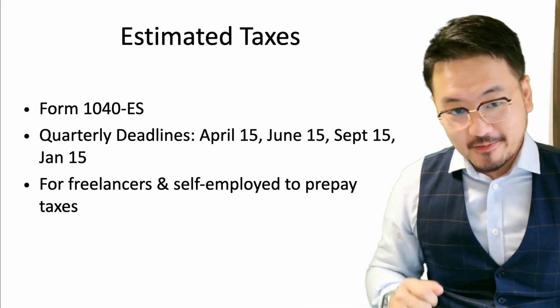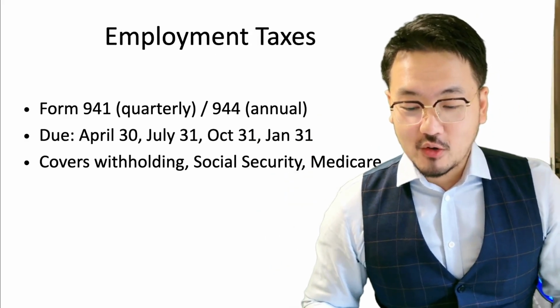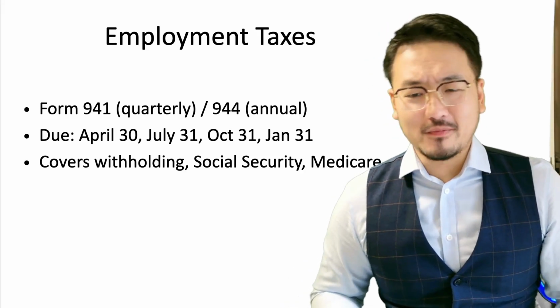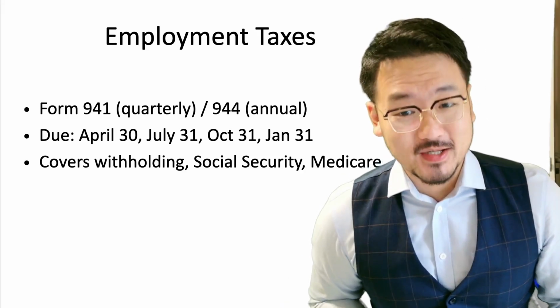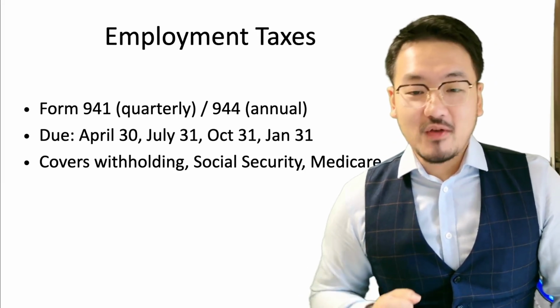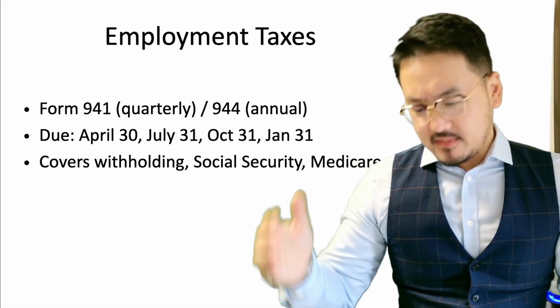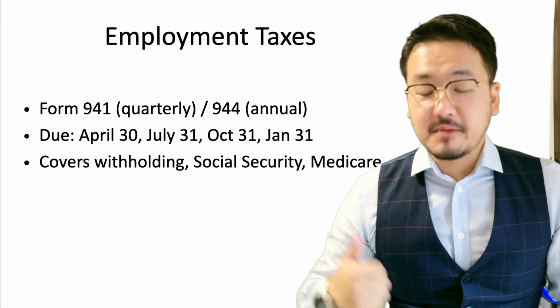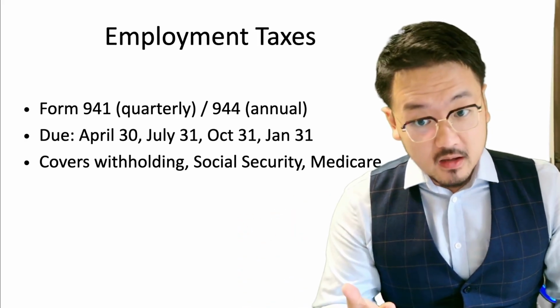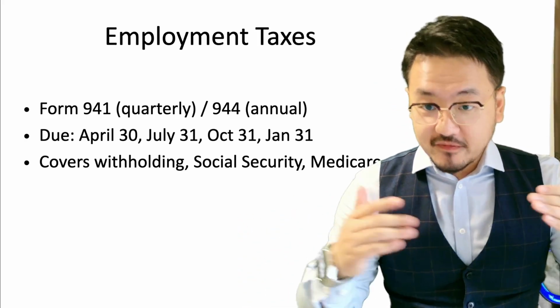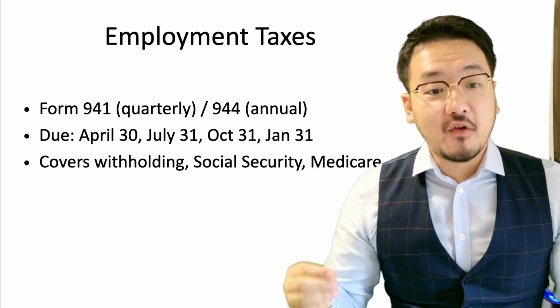So if you are qualified for this, you're wearing the boss hat. You are the boss. Congratulations. If you've got employees, you're wearing the boss hat, and that means the Social Security, the Medicare, the income tax withholding, all that you'll find on Form 941.